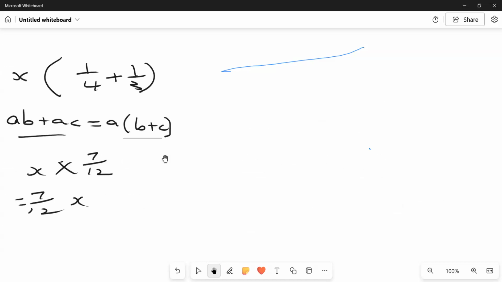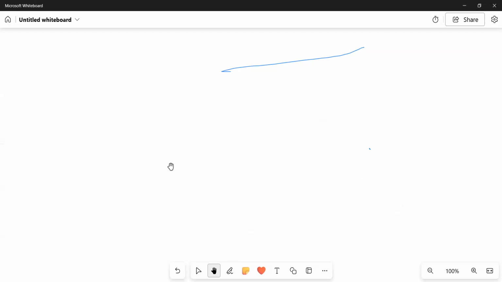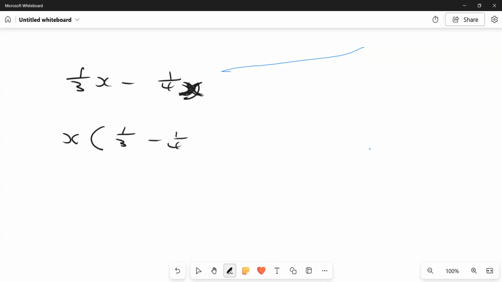So I guess you can't take away a third from a quarter. You'll have a negative, right? But let's say you go with, okay, 1/3 x minus a quarter x. They have to be of the same variable before you subtract, right? Again, you can pull the x out, and you have 1/3 minus a quarter.